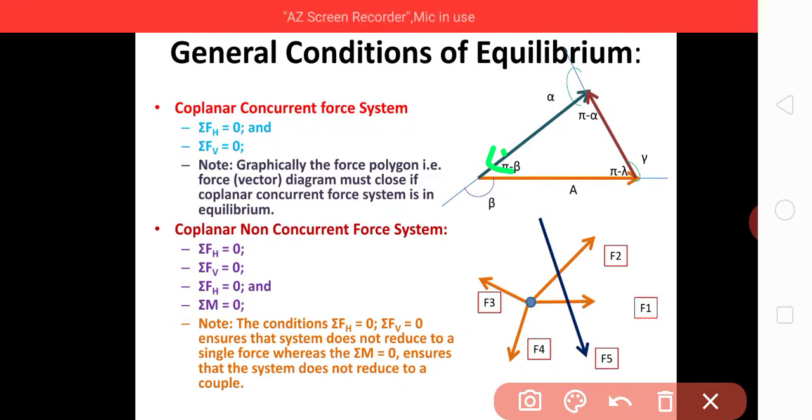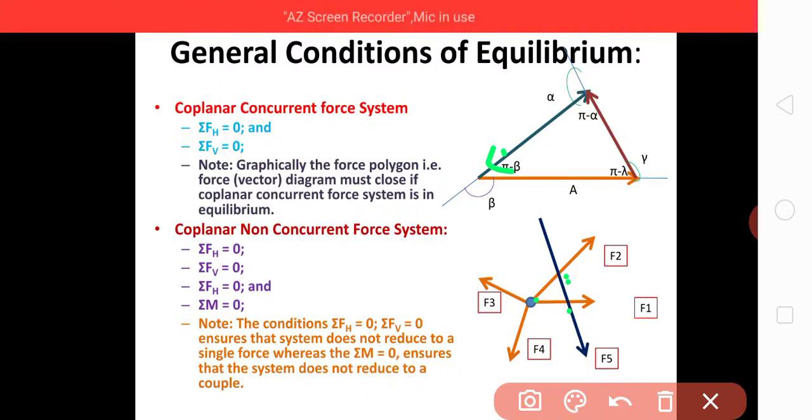Here, this F5 force is concurrent with force F2 at this point, and with F1 at this point, but it is not concurrent at the common point. So this system is a coplanar non-concurrent force system.